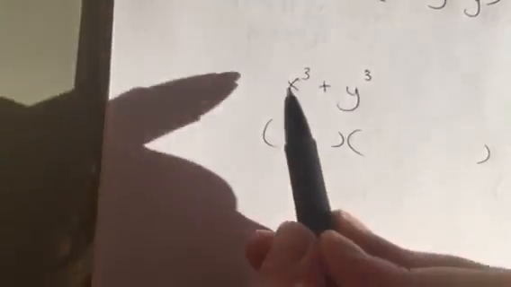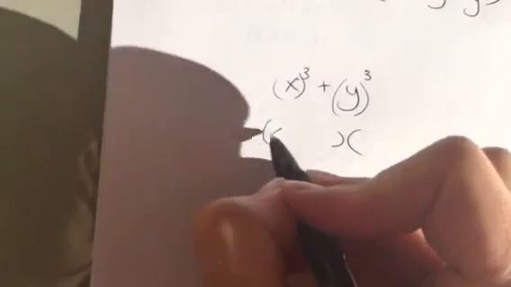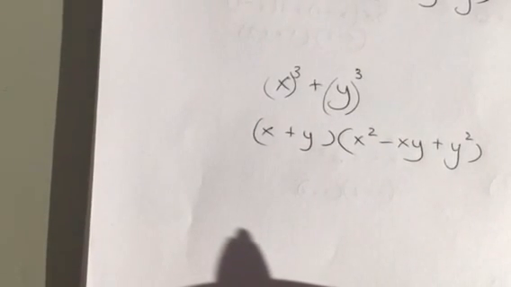So again, once you have something here to be cubed and something here to be cubed, then you put down: it's the first plus the second times the first squared minus the first times the second plus the second squared. Again, looks quite large. Does that really multiply out to give you this something so small up here? You have to just check that out and see.